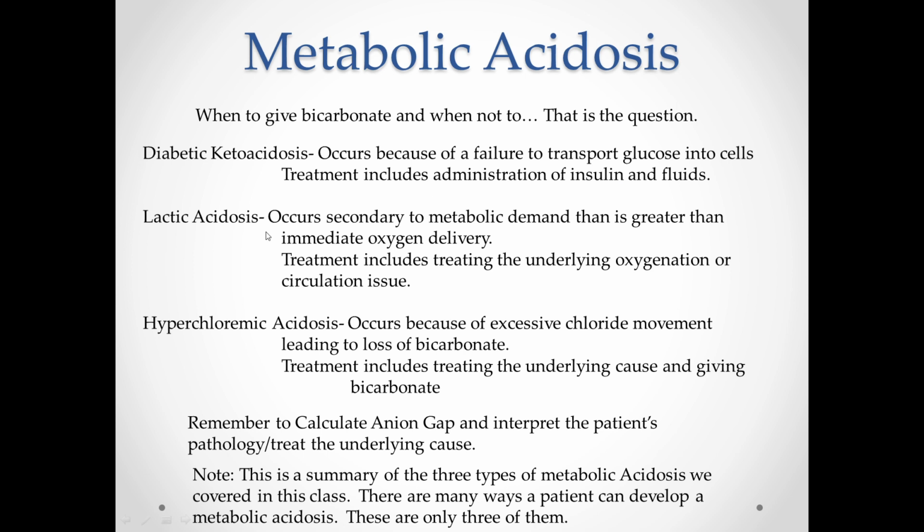The lactic acidosis occurs secondary to increased metabolic demand that's greater than immediate oxygen delivery. Treatment includes treating the underlying oxygenation or circulation issue. And hyperchloremic acidosis occurs because of excessive chloride movement leading to loss of bicarb. Treatment includes treating the underlying cause and giving bicarb.